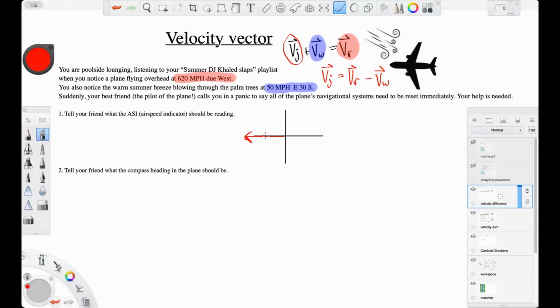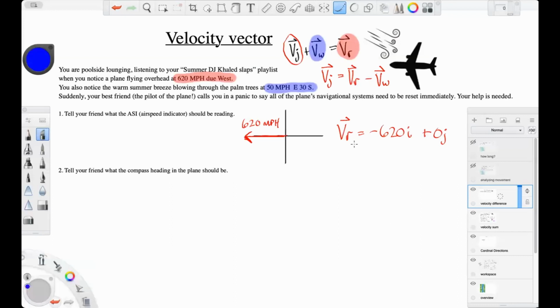That's directly west. And the magnitude here is 620 miles per hour. So if we break that down into its i and j components, the resultant vector is going to be equal to negative 620i, because all 620 miles per hour are directly to the left, plus 0j, because there's no up or down information. Okay, cool.